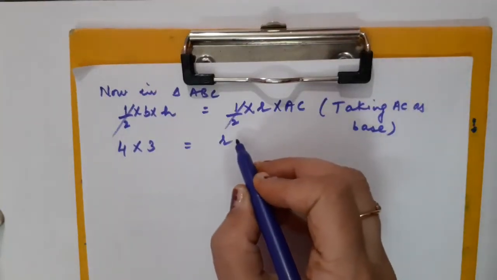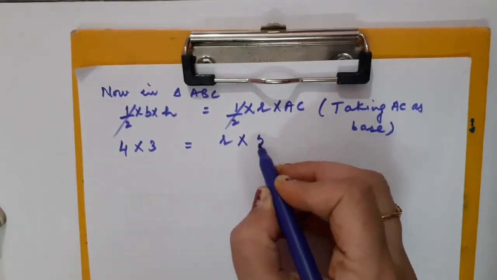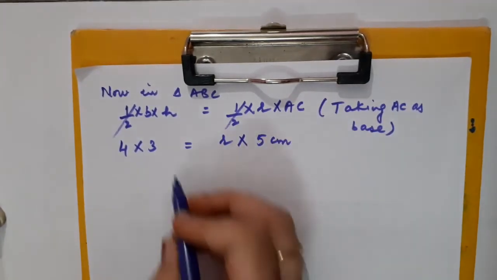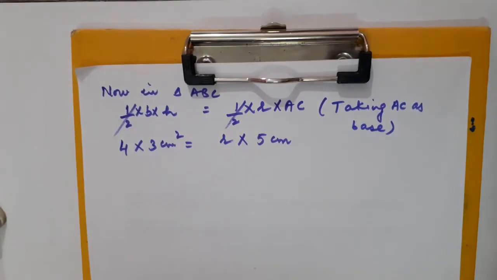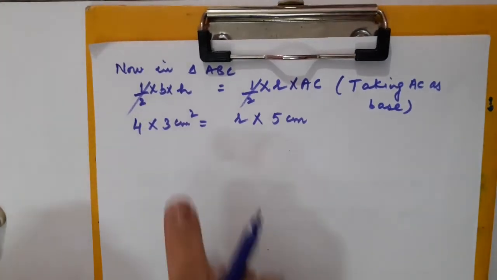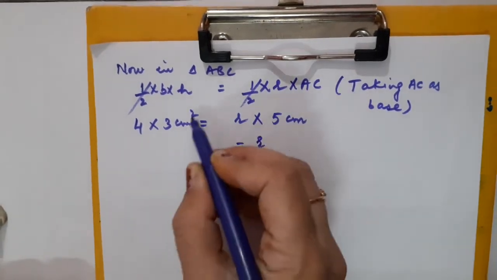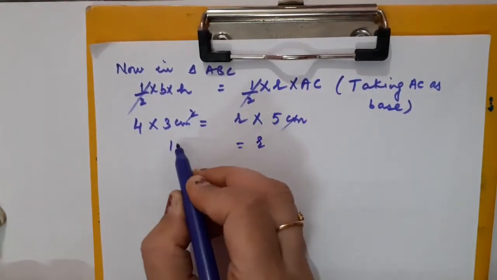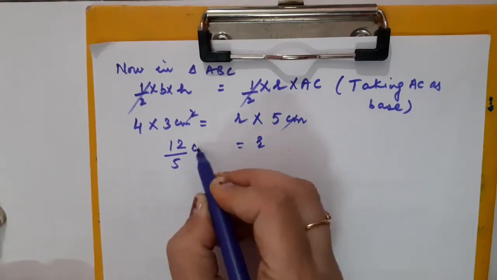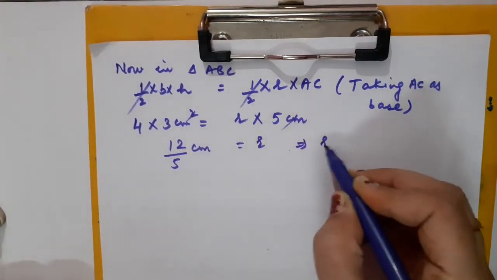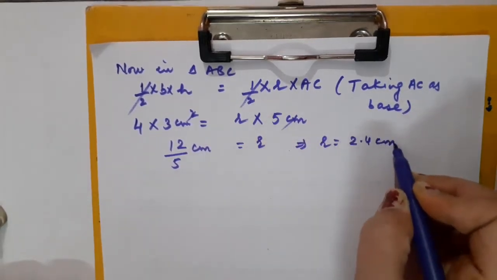So that would become r into AC, which we know is 5 centimeters. It would become 4 into 3, centimeter into centimeter becomes centimeter squared. So the radius must be equal to 12 by 5 centimeter. So it implies the radius is equal to 2.4 centimeters.